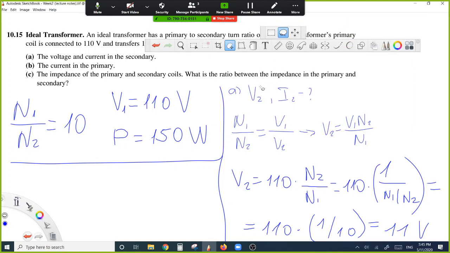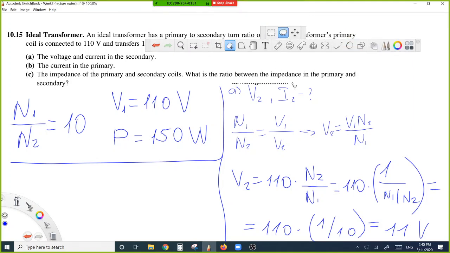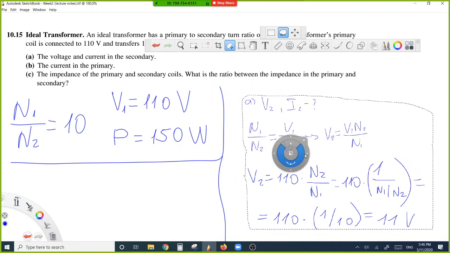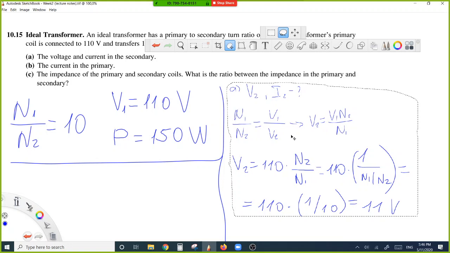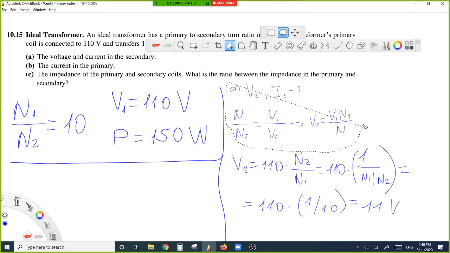Okay, in order not to confuse you, let me move all this to the left hand side, and on the right hand side I will write the expressions for current.